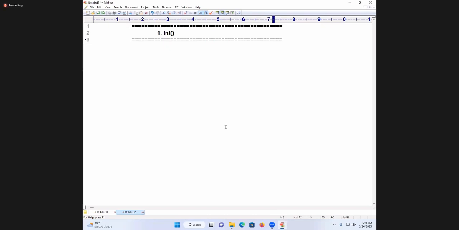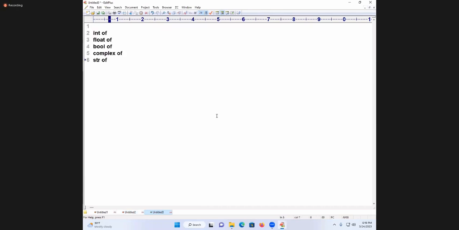Now I'm going for int of. Dinesh Pradhan, my dear student, don't write like this. It's not the correct way of writing. You have to write "of" like this. Float off we should not write; this will be called as "of".